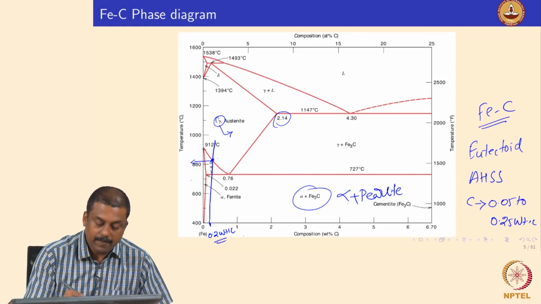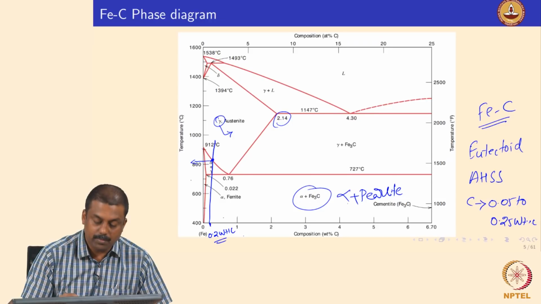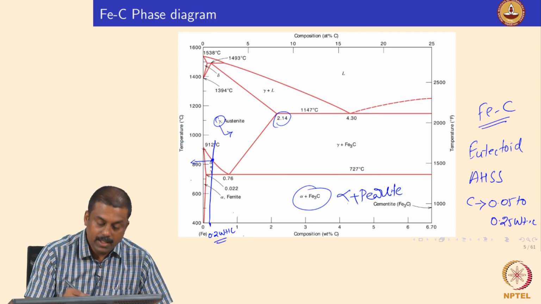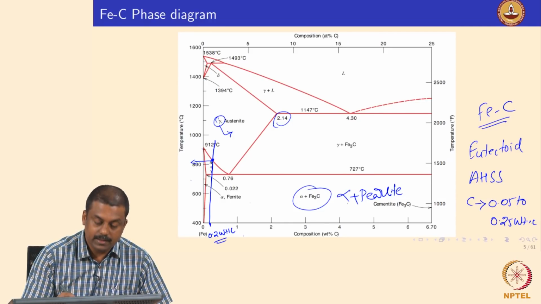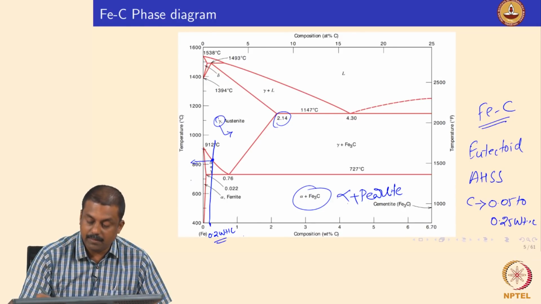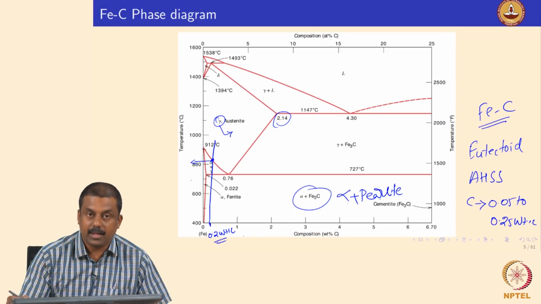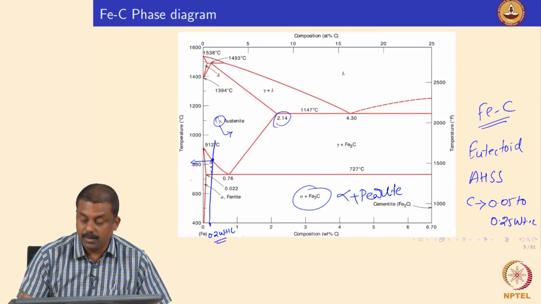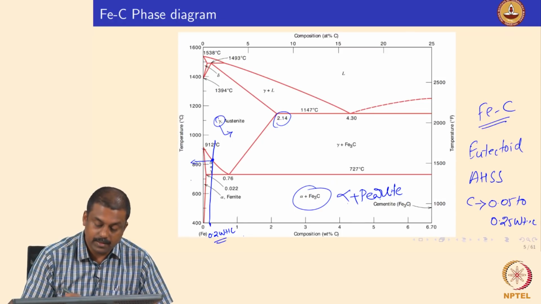When you cool down subsequently to room temperature, based on the cooling rate, you would end up forming a microstructure that can have a mixture of ferrite, pearlite, or other variants of pearlitic structures such as bainite, or even, if you cool very rapidly, martensite.